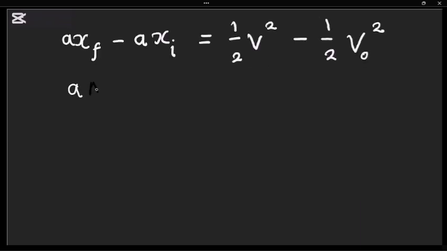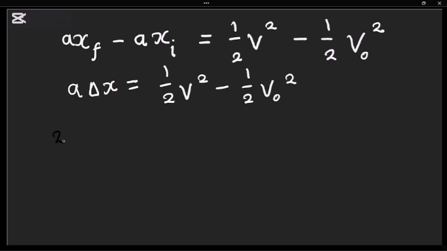From here we know that x final minus x initial is just change in x, which means on the side we will have a change in x equal to 1 all over 2 v squared minus 1 all over 2 v naught squared. Since we have fractions, you just have to multiply throughout the equation by 2, which will then give you 2a change in x equal to v squared minus v naught squared.